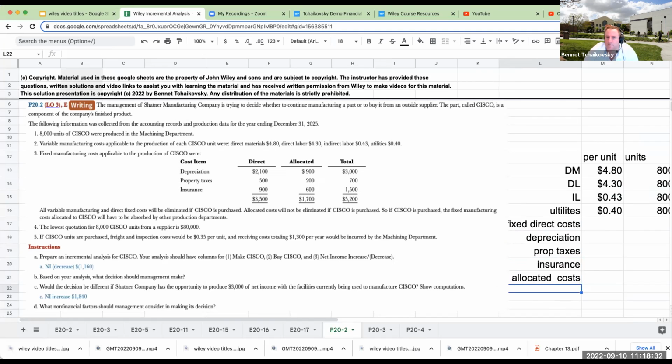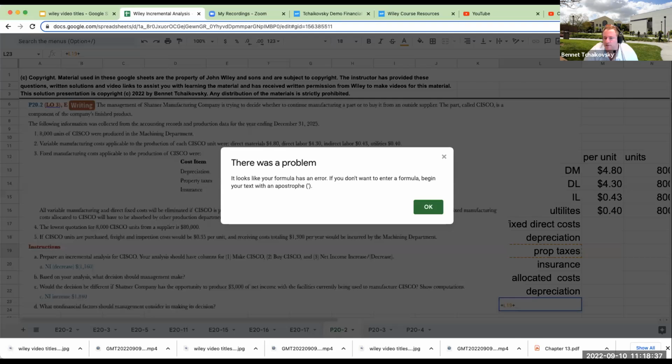This is going to be depreciation, property taxes, and insurance.